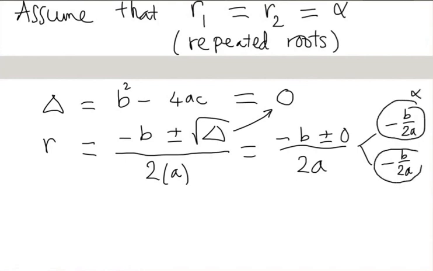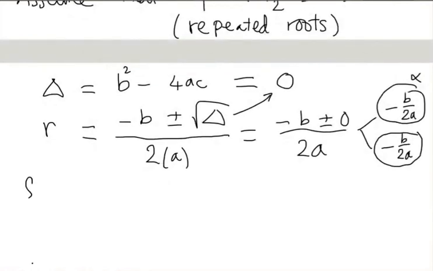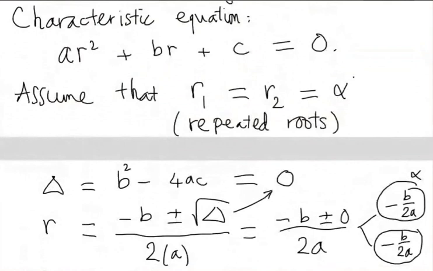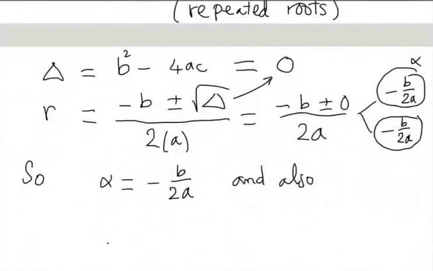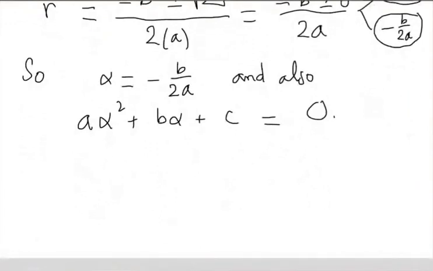Let me write that down because we will need it later: alpha is minus b over 2a in this case. And also, because alpha is a root of the quadratic equation, we have a alpha squared plus b alpha plus c equals 0. This is what happens when we have a repeated root alpha.